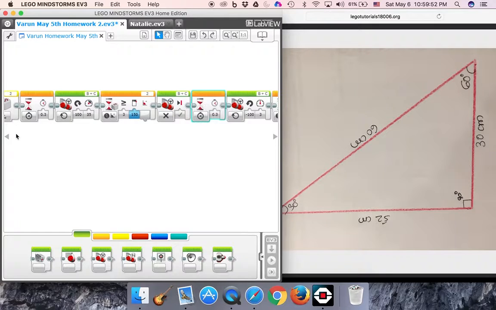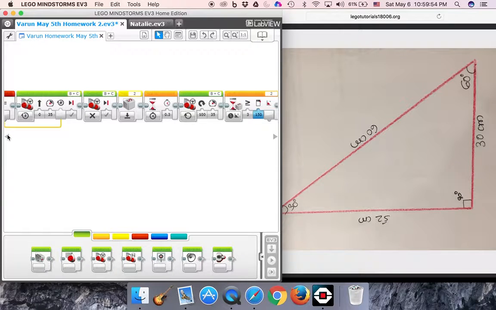Now again, let's understand this very carefully, because this is where we don't want to make mistakes. To make the robot move in an angle, the gyro has to first reset. Then you pause it, because if you don't pause it, it's not going to do what it's supposed to do.